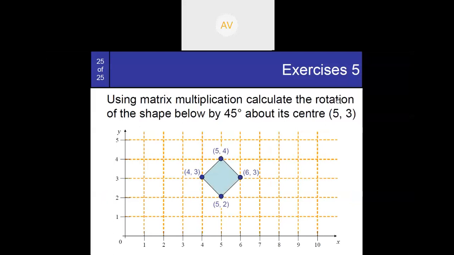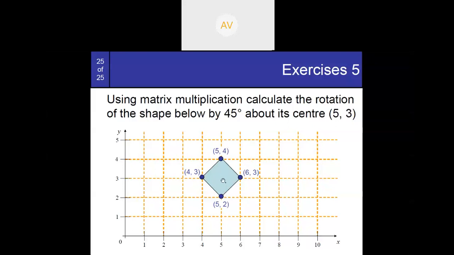And these are some numericals. In this numerical it is said to rotate the shape below by 45 degrees about its center (5, 3). See here, the center point (5, 3) is given.